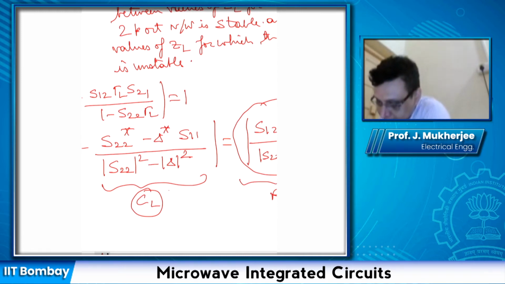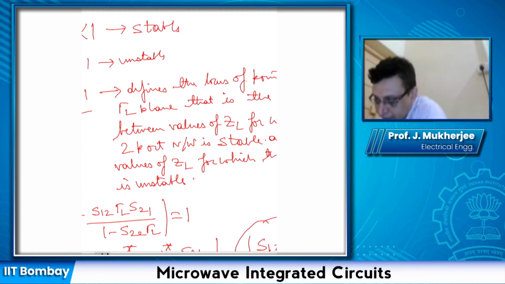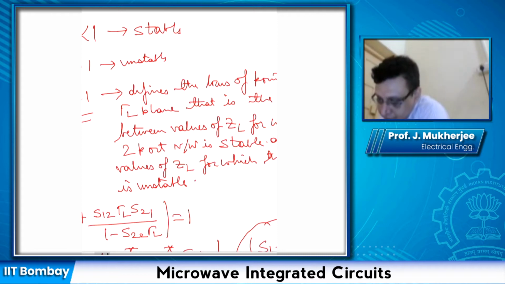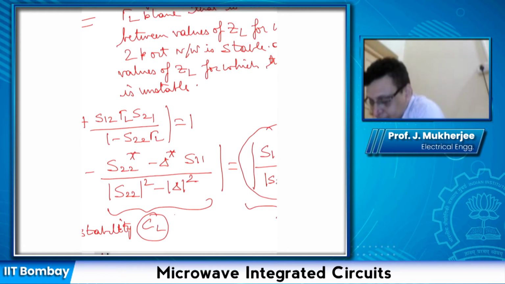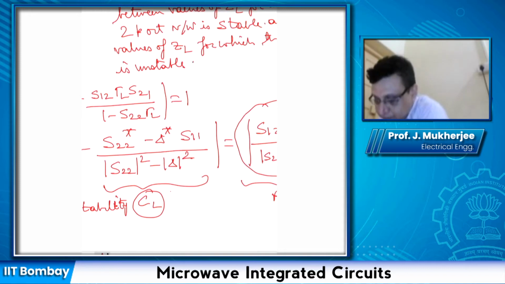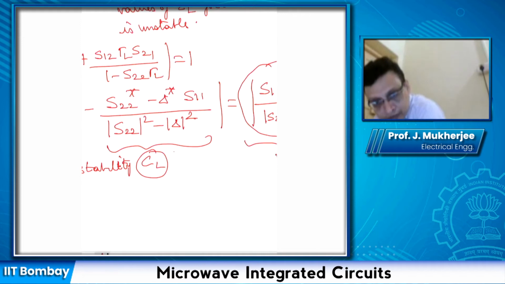By the way, this circle is called the output stability circle. Why is it called the output stability circle, even though we started with gamma in? Because it describes the locus on the gamma L plane, which is the load impedance, and that's why it's called the output stability circle.